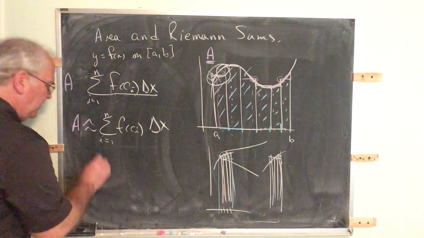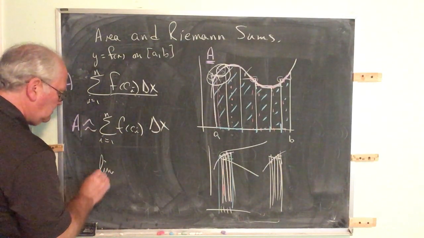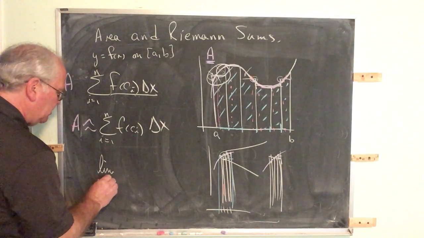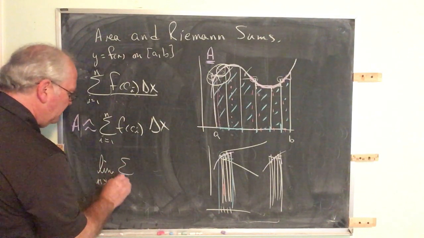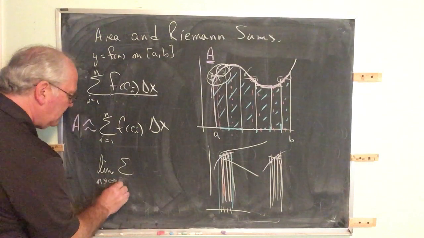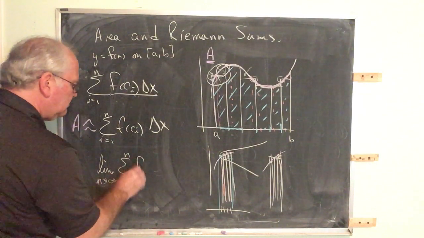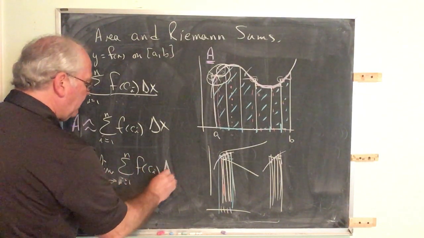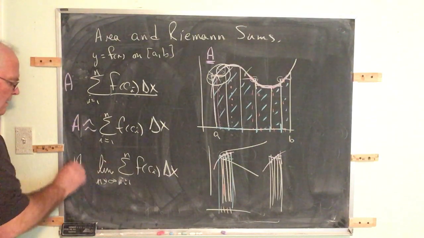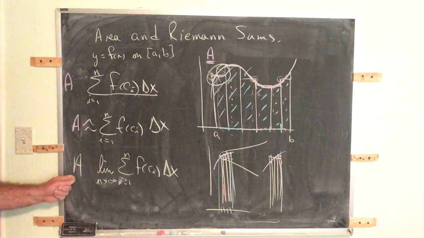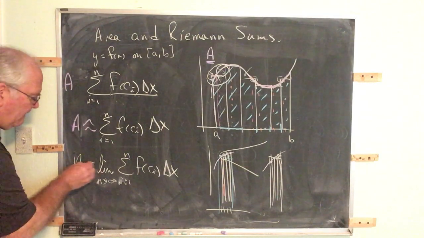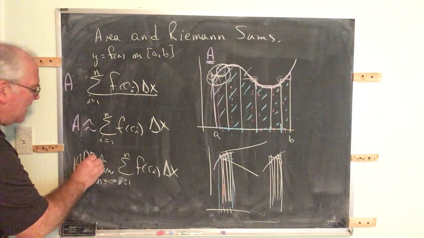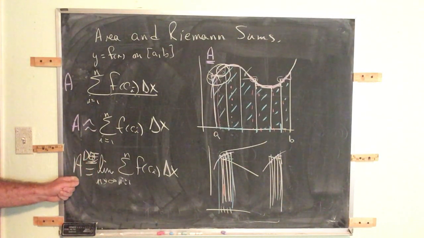Well, if we take the limit as n goes to infinity of the Riemann sum, that is the area. How do we know that's the area? Because that's the definition of the word area.